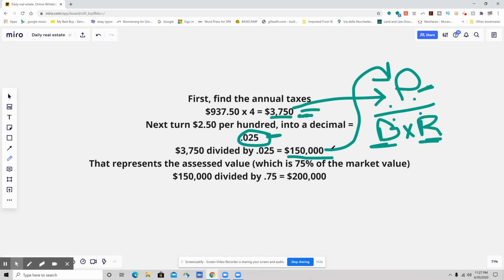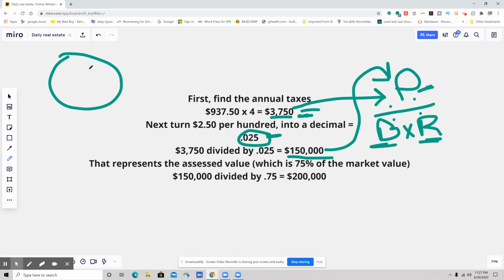So we know that has to be the part, because when we're looking at a part over the base times the rate, if the rate is less than 100%, then the part is always going to be smaller than the base.